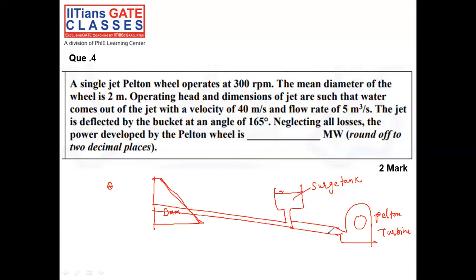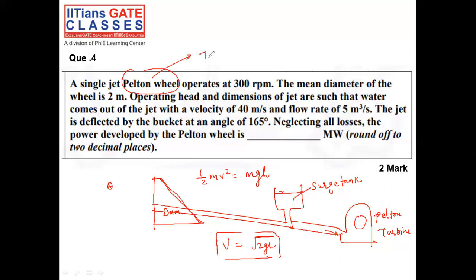The velocity with which the water jet impinges onto the blade will be very, very high, that is, velocity is equal to under root 2gh. Here we can apply energy conservation, that is half of mv square is equal to mgh. So this much high velocity is impinging. That's why the force is acting for a short duration. That's why we call it a tangential flow impulse turbine.